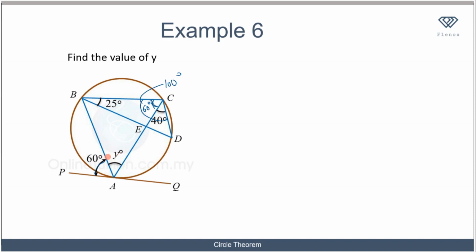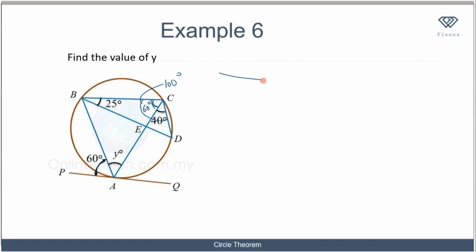So based on that tangent theorem, if here is 60 degrees, the angle between this side of the triangle and the tangent in the opposite segment will be 60 degrees also. Now that I've gotten here to be 60 degrees, I can find the angle of this side considering this other triangle BCD. When I add 60 degrees to this 40, the angle of this triangle is 100 degrees.